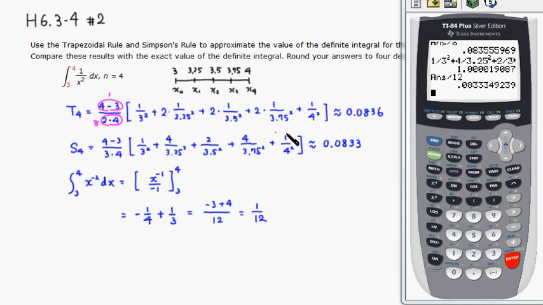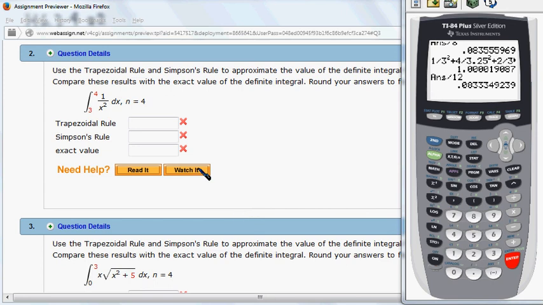So let's type all these in. T4 came out to be 0.0836, and Simpson's rule came out to be 0.0833, and the exact value is 1 over 12.